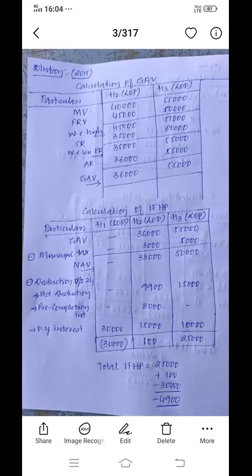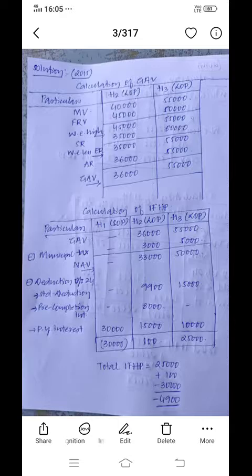Now, less deduction under section 24. What deductions will come under section 24? The first one is standard deduction, that is 30% fixed. But for house 1, obviously it is SOP, so no standard deduction; it is dash.